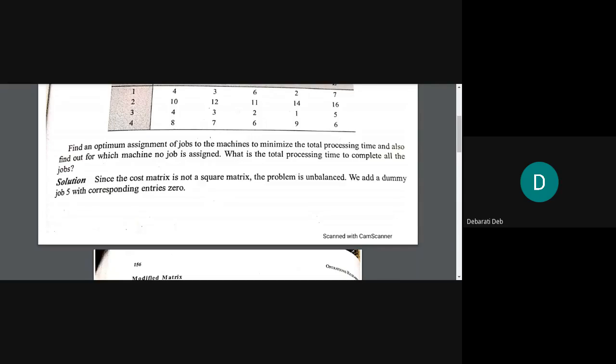So we add a dummy job, five, with corresponding entries 0.